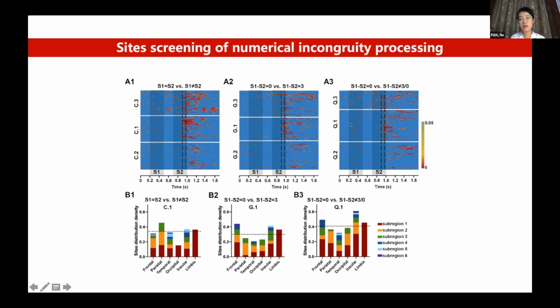All the recording sites distributed in these clusters are shown here.